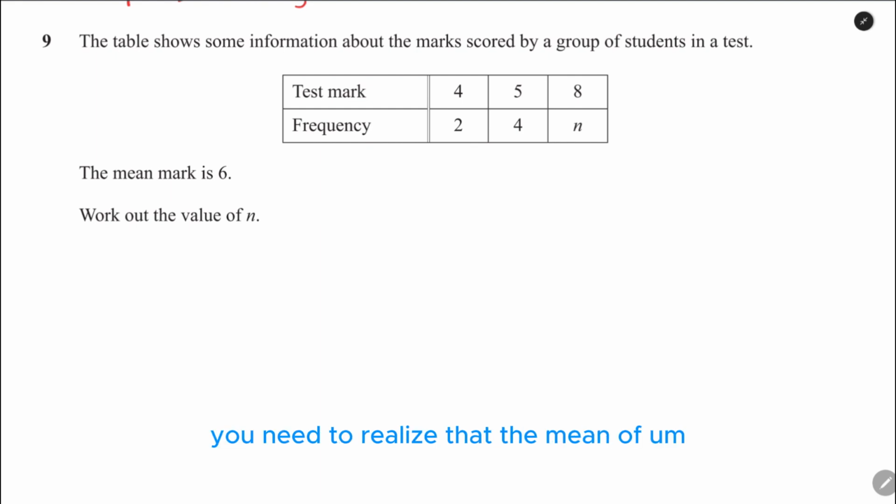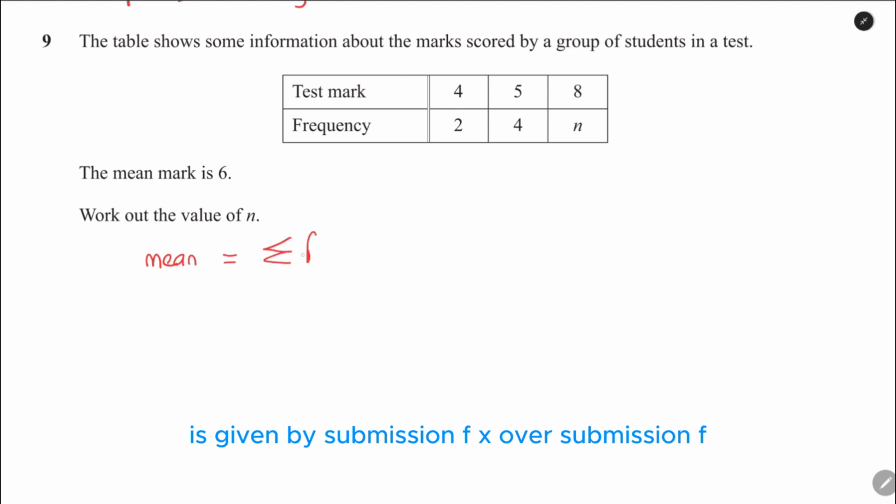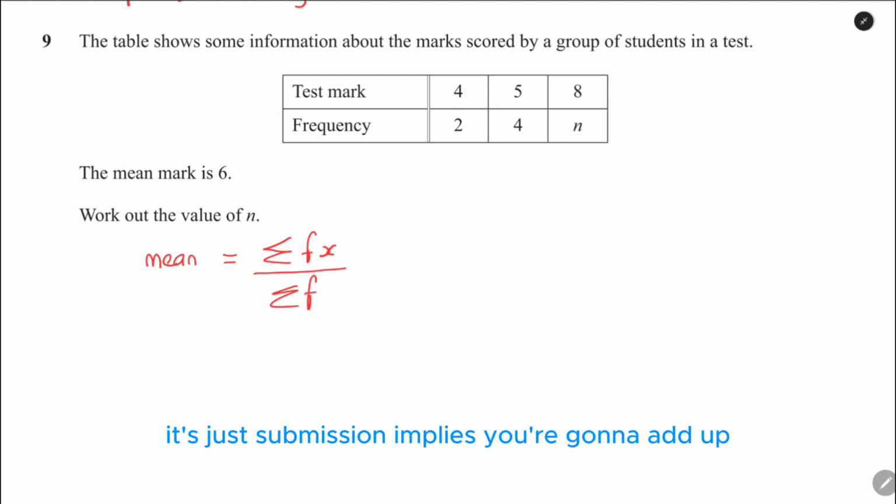You need to realize that the mean of a group of data is given by summation fx over summation f. What does this mean? Summation implies you're going to add up. Add up what?